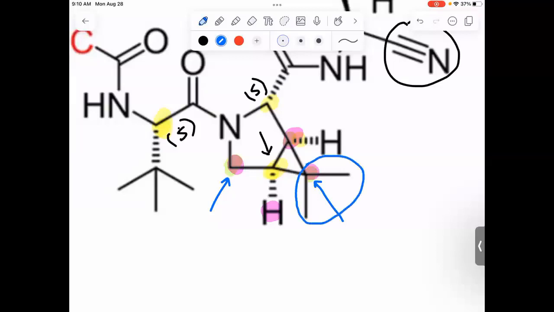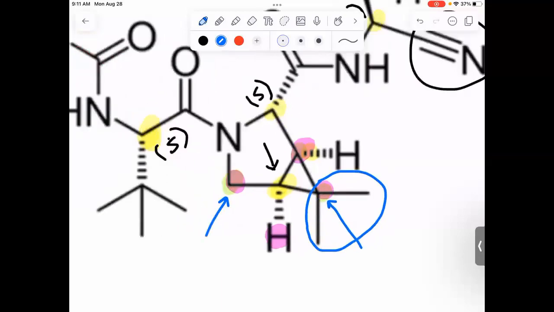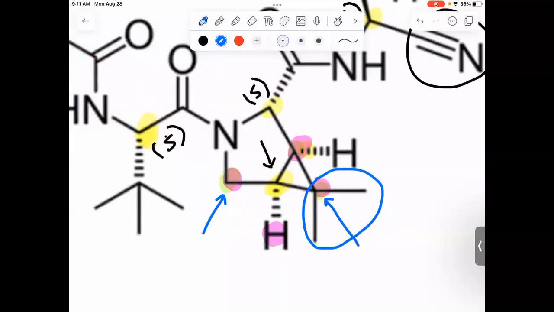So of these 3, this is going to be my highest priority carbon right here. That's going to be 1.